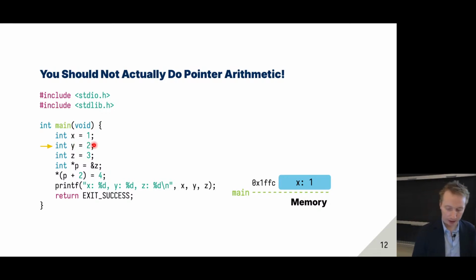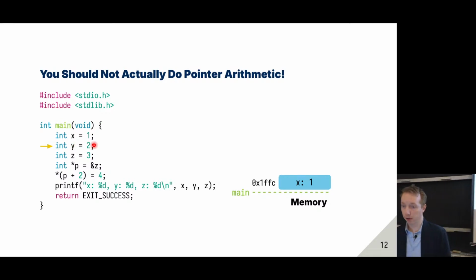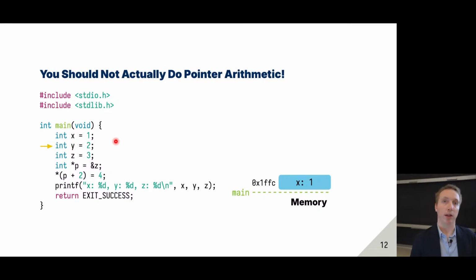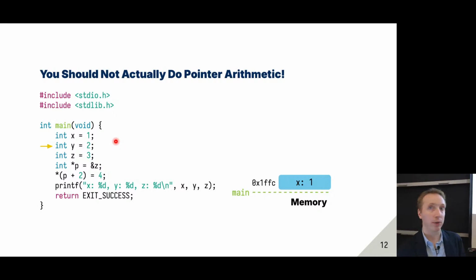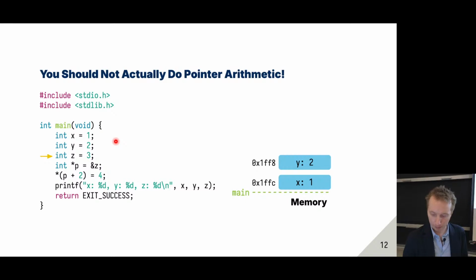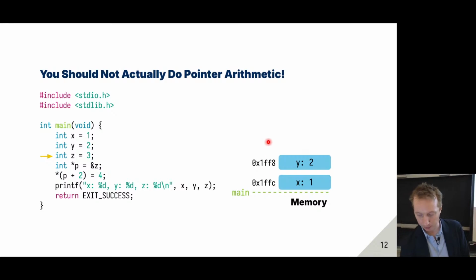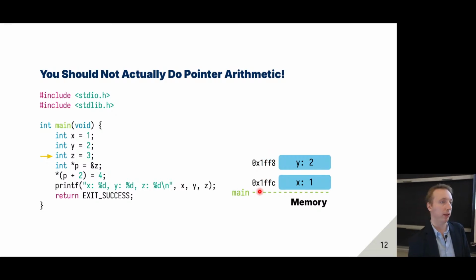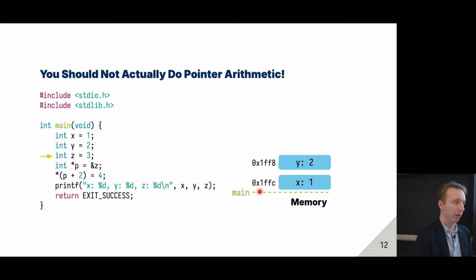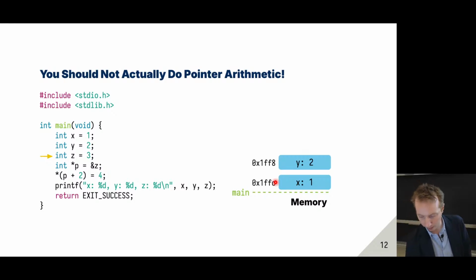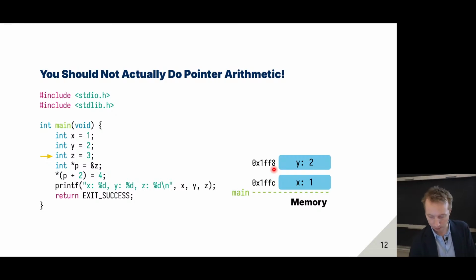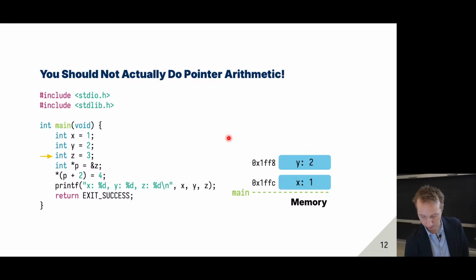So if I declare an integer called y, well, the rules are that the address it will get will be lower than that one. It turns out on my computer, it will actually be beside each other. So it'll get an address like 1FF8, which, if you just look at the difference between these numbers, is exactly 4 bytes away, which is the size of an int.